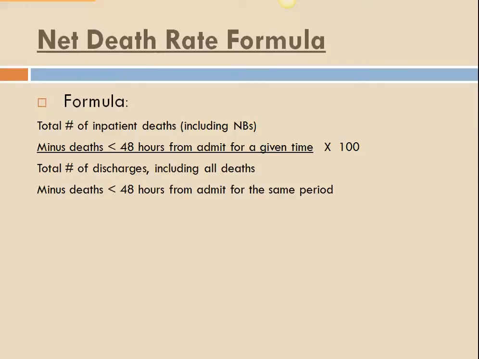So what you're scooping out with the net is those patients who died less than 48 hours from admission, divided by the total number of discharges, including all deaths, again minus deaths that occurred less than 48 hours from admission for the same time period, and then multiply by 100. So again, same formula as gross death rate, except use your net to scoop out that certain population of patients. Hopefully that helps you to remember that one a little bit better.